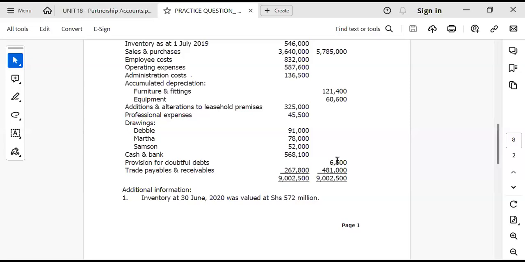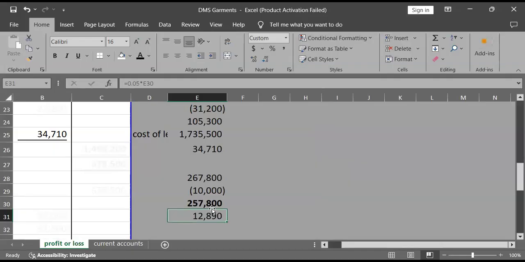Before, we have been providing for doubtful debts and we have been providing 6.5. But now we are supposed to be providing 12.8. That means that we are increasing our provision all the way from 6.5 to 12.8. So how do we account for that difference? First we're going to get the difference.